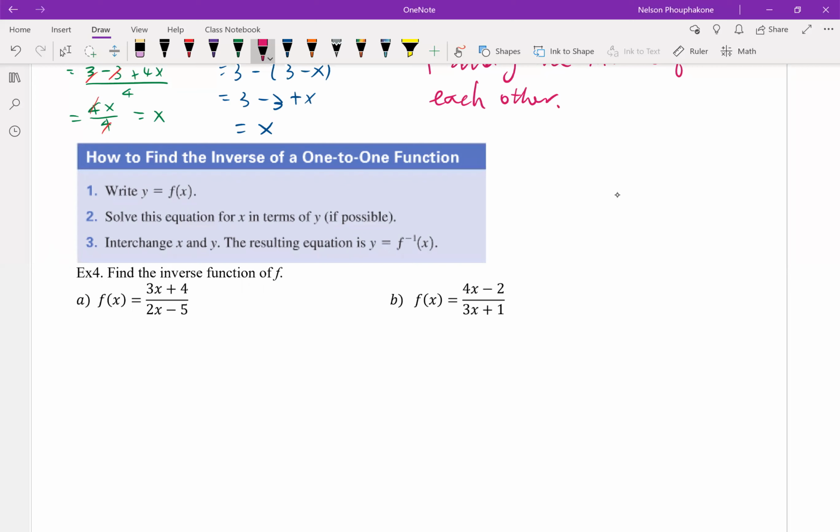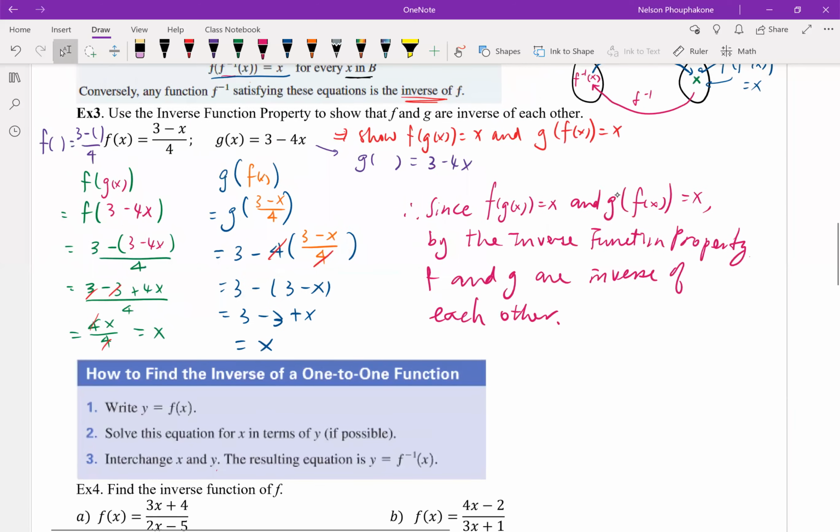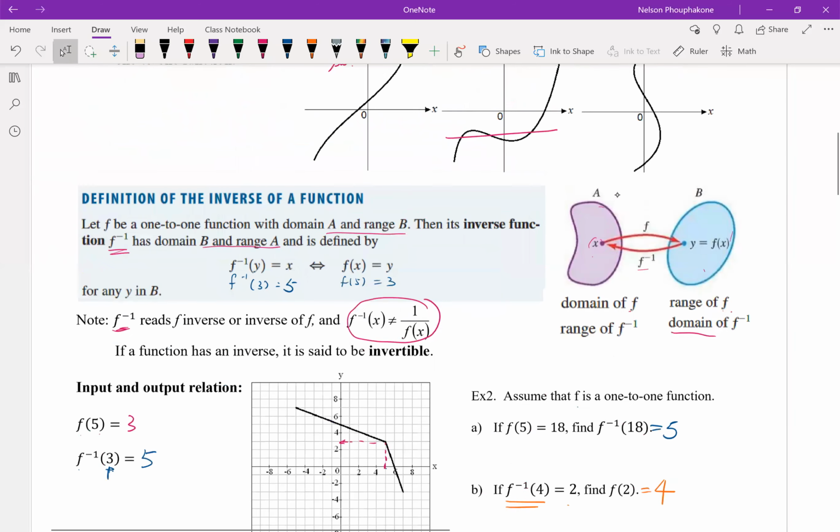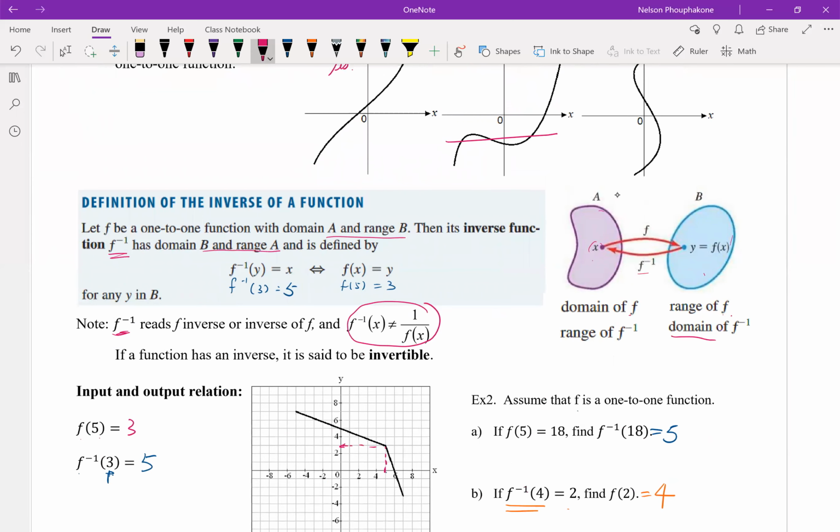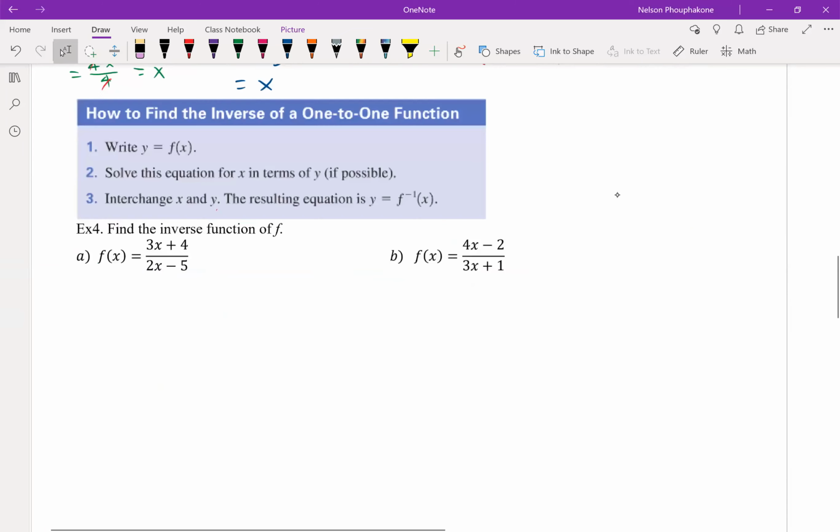Then we interchange x and y. The resulting equation is y equal to f inverse of x. Now, why do we need to interchange x and y? This is the reason. Do you see that we swap the input and the output? So this is why we swap x and y.